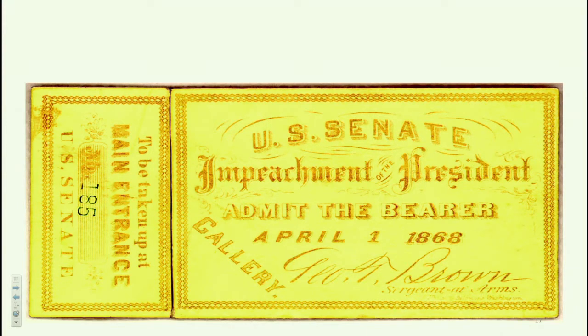So they were discussing this. At that point, President Johnson went to the very popular and powerful U.S. Grant, who was the head of the armies, and said, look, if these wackos pass this law, who are the armies going to back? Are they going to back me, or are they going to back Congress? That's a constitutional crisis.